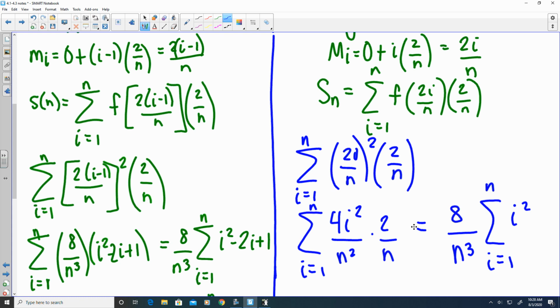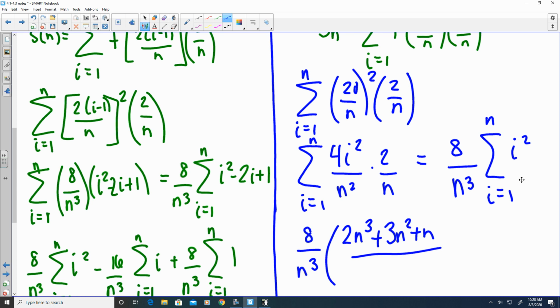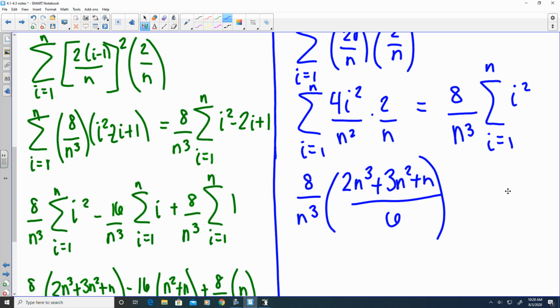That's quite a bit easier, considering on the left I had 3 terms to deal with, and now we just have 1 term. The substitution for i squared is 2n cubed plus 3n squared plus n all over 6. Then I simplify that in a couple steps, and I'm at 8/3 plus 4 over n plus 4 over 3n squared for my upper.